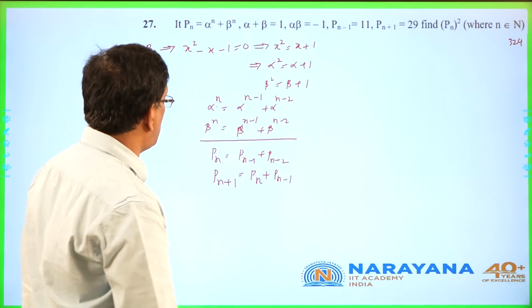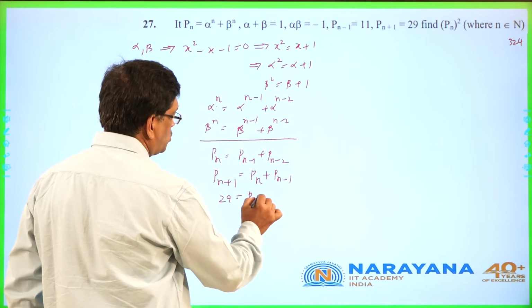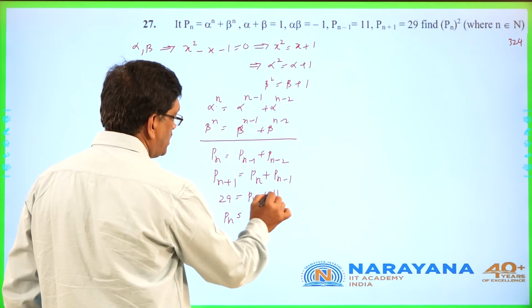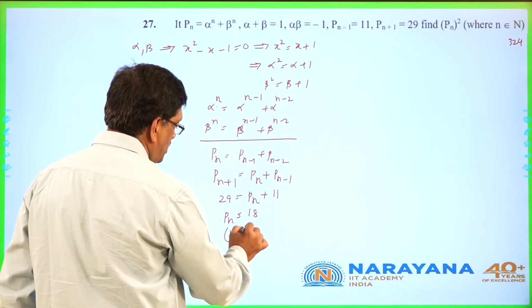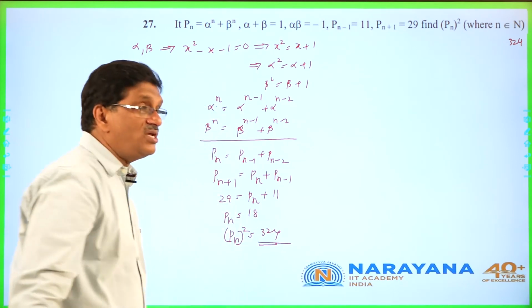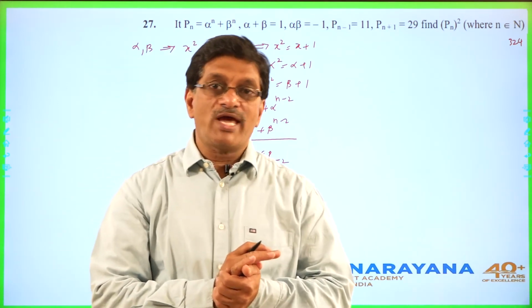He has given Pn minus 1 as 11 and Pn plus 1 as 29. 29 equal to Pn plus 11. Pn is 29 minus 11, 18. But he is asking Pn square. That is 324. One good problem. Okay, note down.